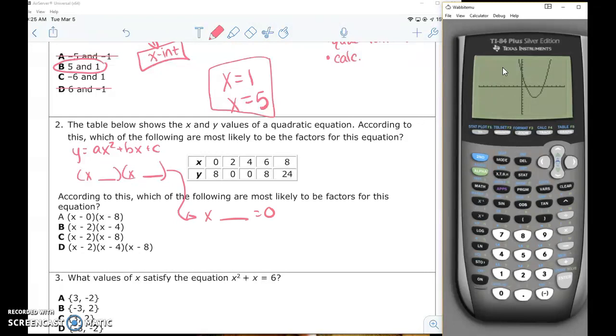So that means that whatever are in our factors are opposite of what we get when we solve to find our roots. Roots mean the same thing as x-intercepts.